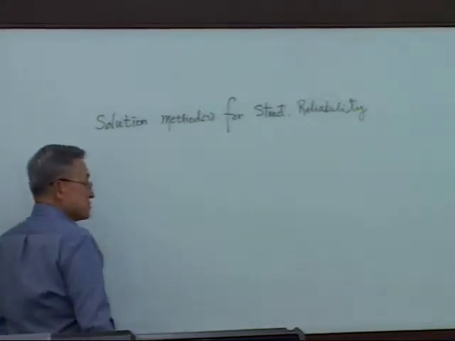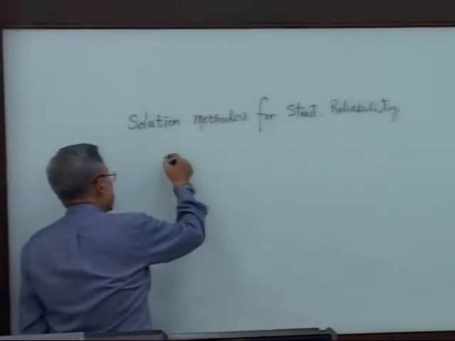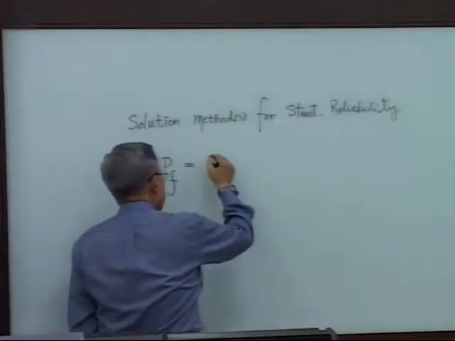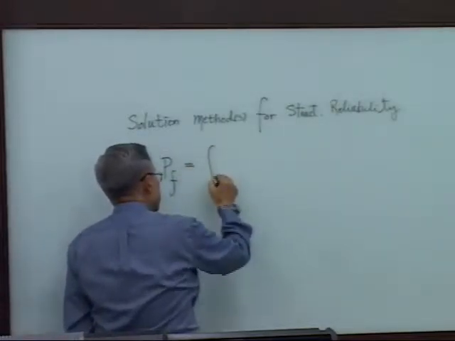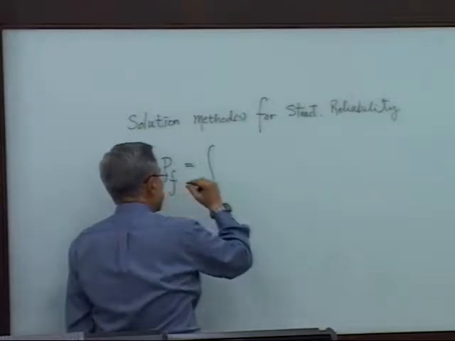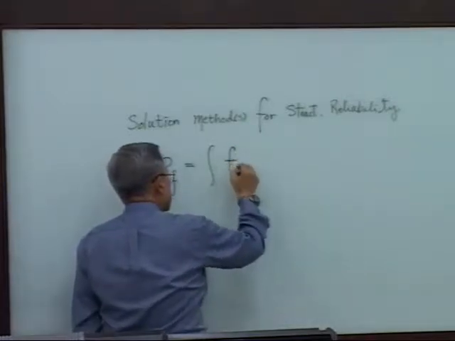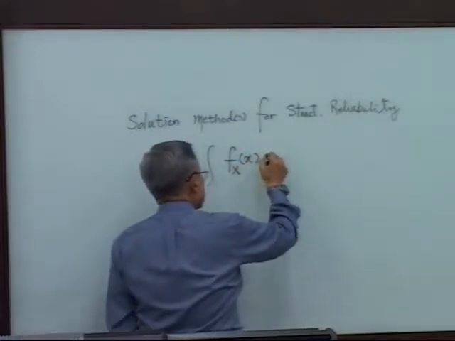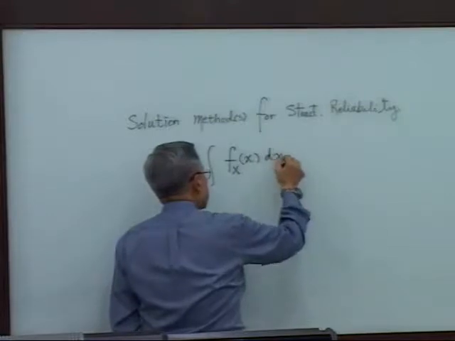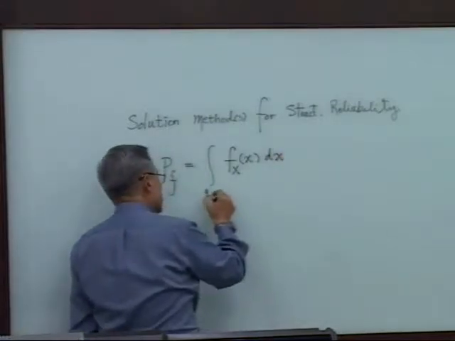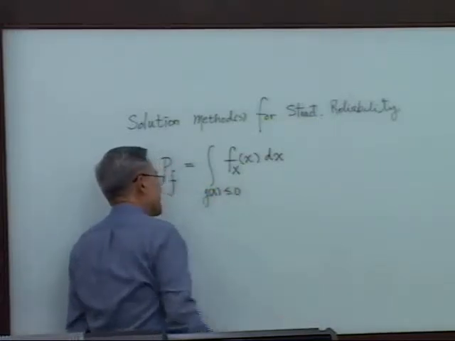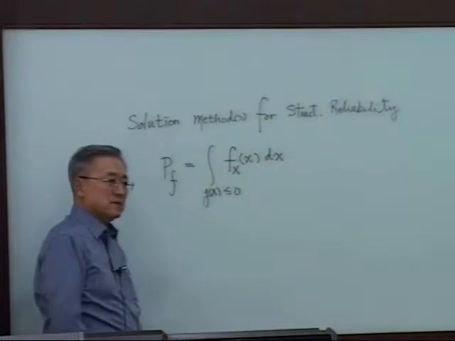The problem to solve is PF or PR, it doesn't make any difference, which is an integration of something like fx(x) dx over the region where G(x) is less than or equal to 0.